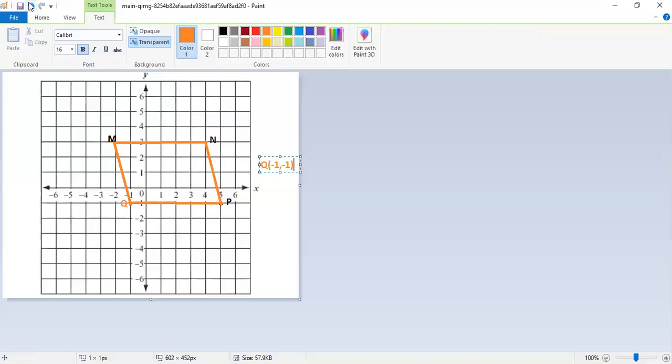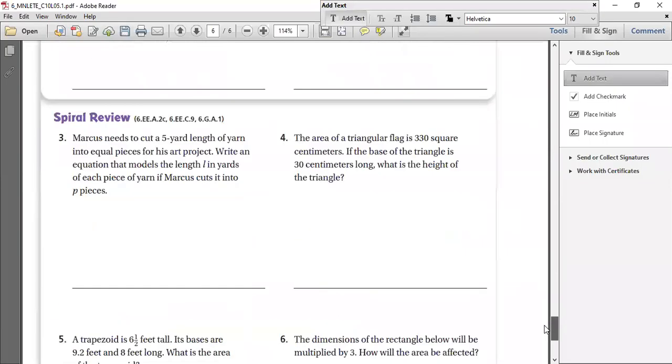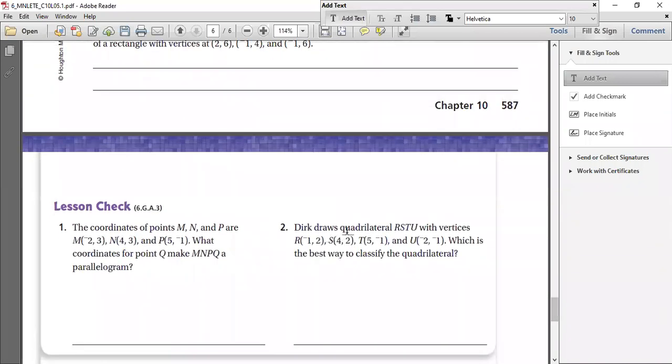Fine. Okay, moving to question number 2. Question number 2 says, Dirk draws quadrilateral RSTU with vertices R is -1, 2, S is 4, 2, T is 5 and -1, and U is -2 and -1.